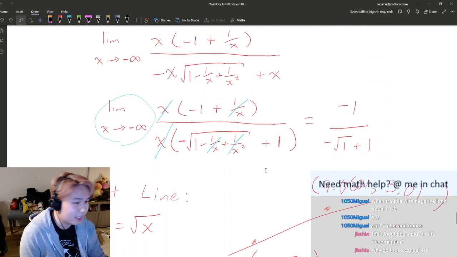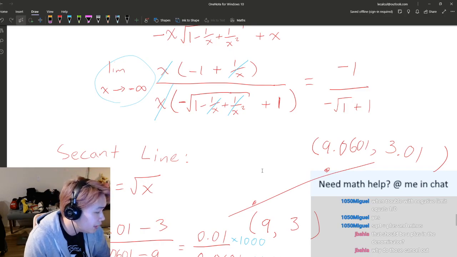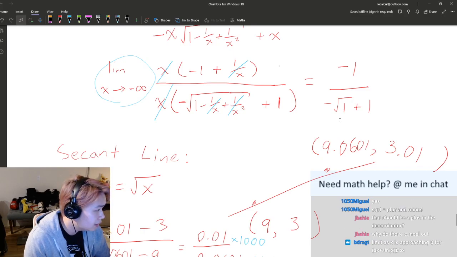Anyways, let me see in depth what Miguel's saying. So maybe that -1 to the power of 1/2 is plus or minus 1, and then -1 over 0 and -1 over 1, the limit is infinite.